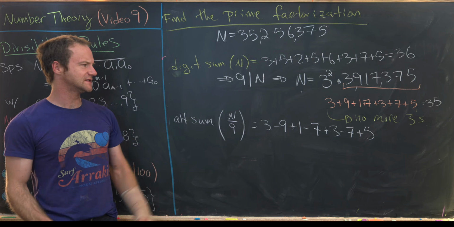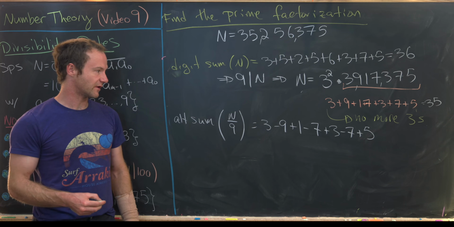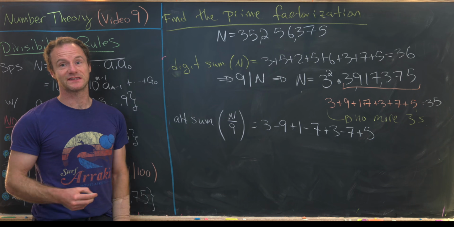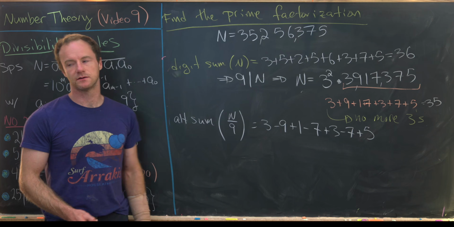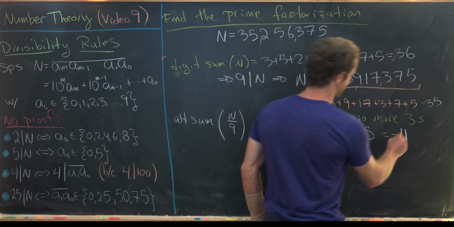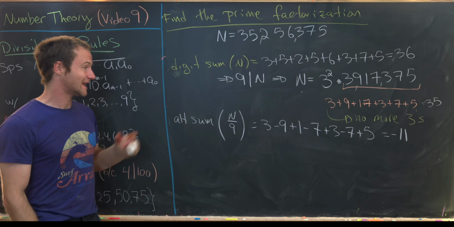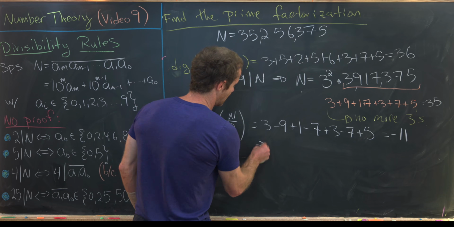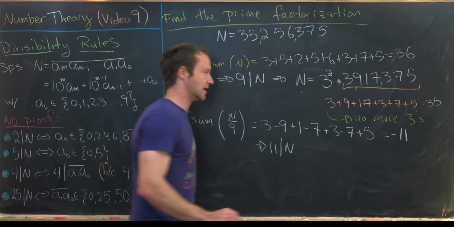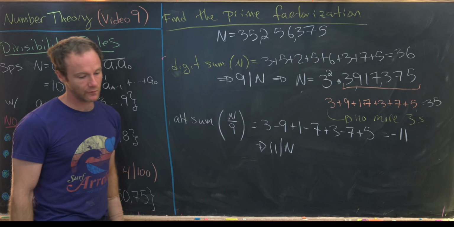You might say, well, I did this a little bit differently than the order in the proof of the theorem, but it's really the same. You're just going to be off by a sign. So if you calculate that out, you'll see that you get minus 11. Minus 11 is a multiple of 11. So that tells us that 11 divides our number n, or maybe more importantly, 11 divides this leftover bit.